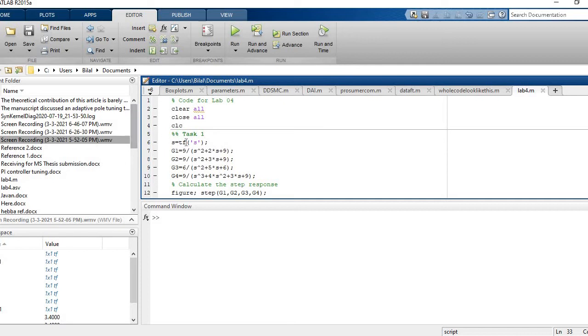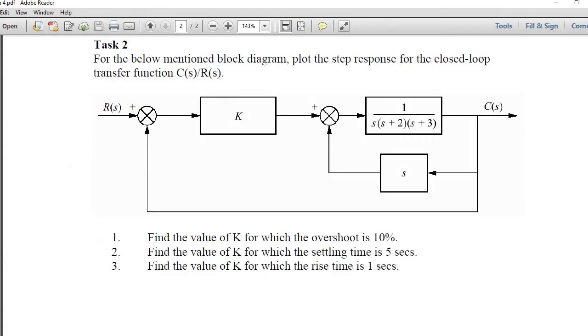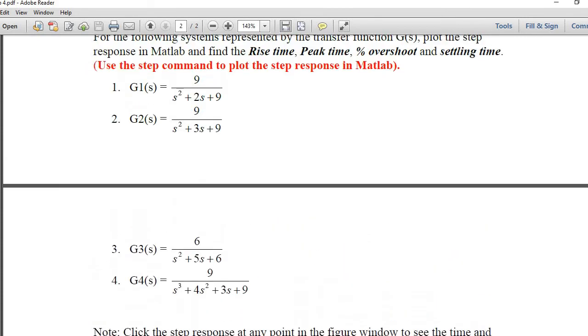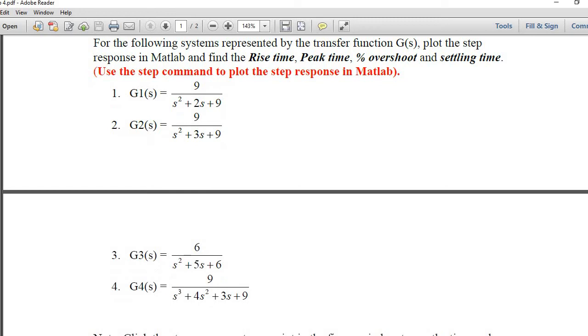Now the first task, if you remember, lab 4 was to look at the transfer functions, 4 transfer functions.